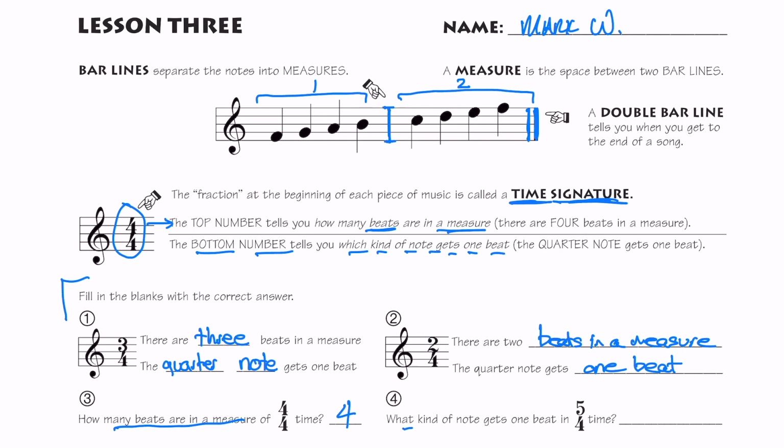Number 4, what kind of note gets the beat in 5/4 time? Now, I'm just tricking you because the kind of note is the bottom number. It's the quarter note. So 5 doesn't have anything to do with what kind of note gets the beat. How many beats would be in that measure? 5.